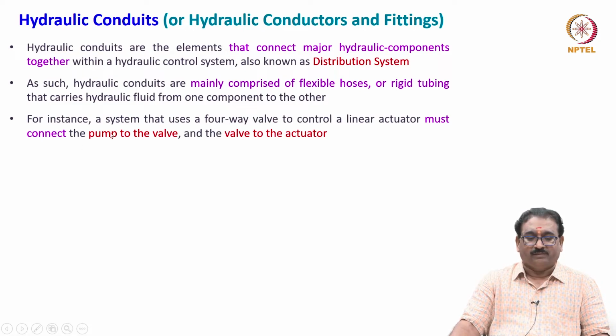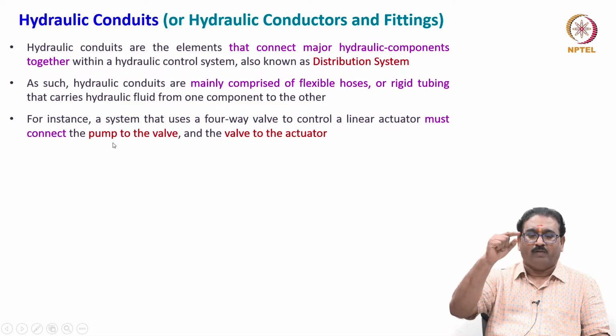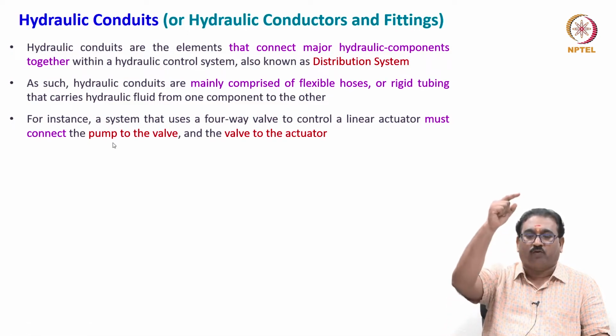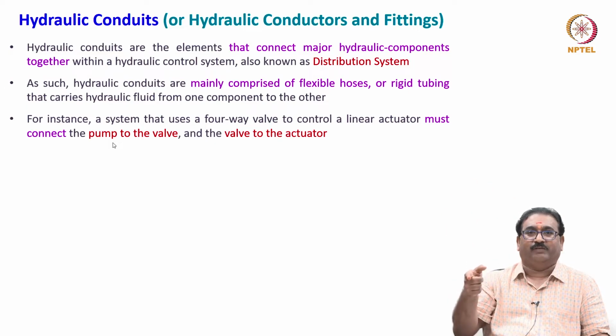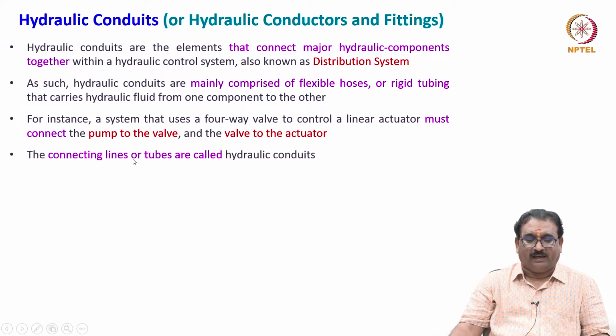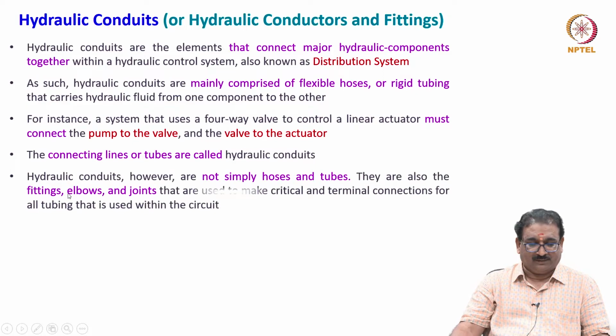For instance, a system that uses a four-way valve to control a linear actuator must connect the pump to the valve and the valve to the actuator and then return. That is very important. The connecting lines or tubes are called hydraulic conduits.